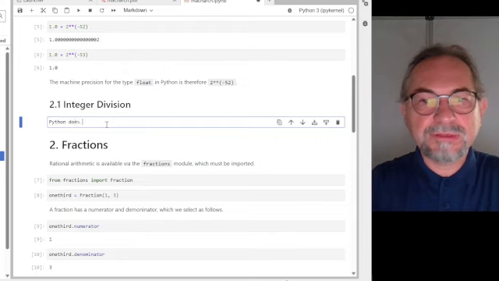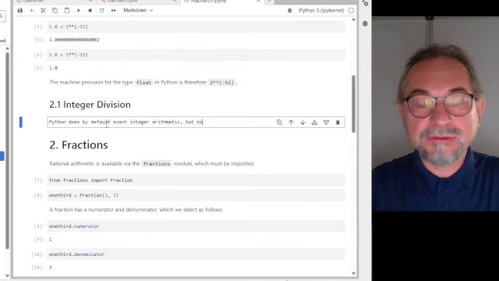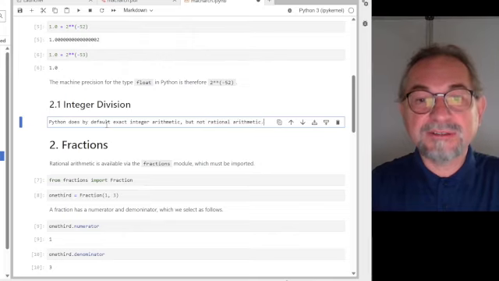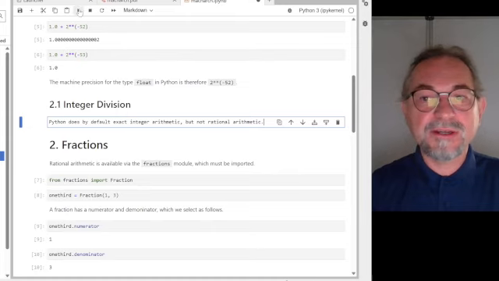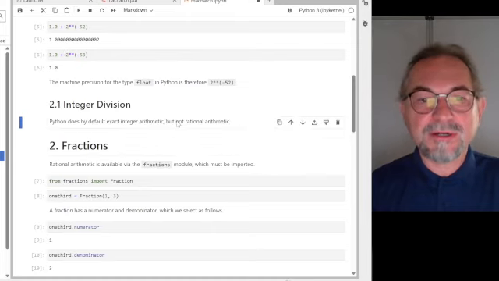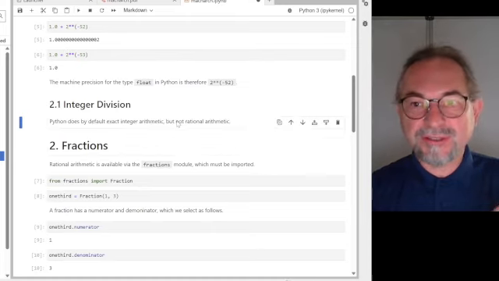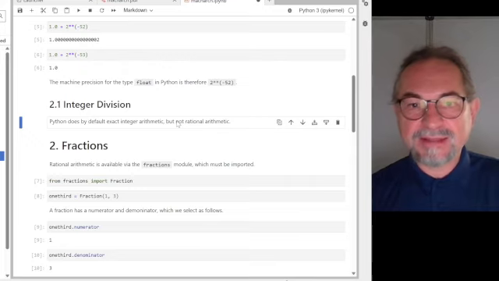Python does by default exact integer arithmetic, but not rational arithmetic. So this is where the difference goes with computer algebra. So I mentioned SymPy and SageMath.